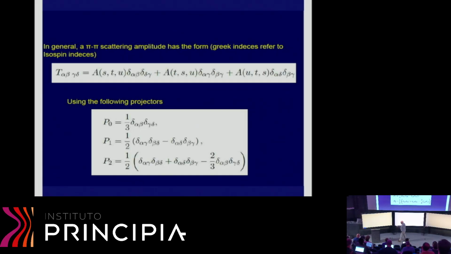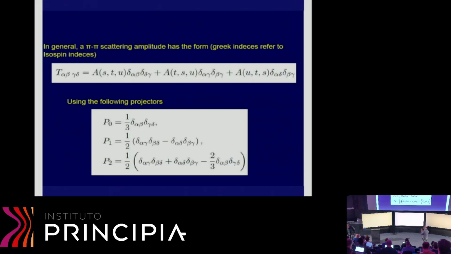Our job today is to discuss the behavior of pi-pi scattering lengths. How these experiments are done, or were done, I will mention later. But this is the general structure. If you have pi-pi scattering, then you will have a dependence on the isospin numbers. Each pion can have an isospin 1, 0, -1 third component, of course.